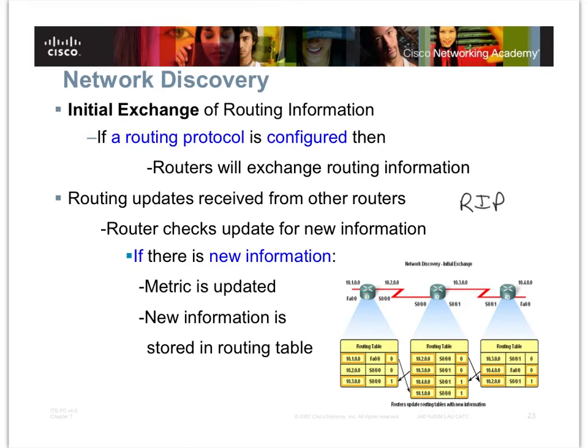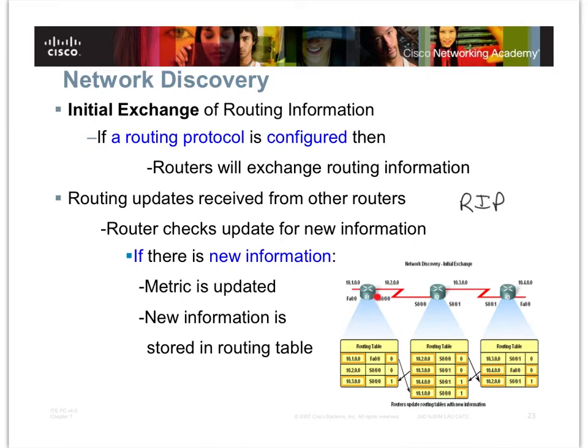And of course router 3 will send information about 10.3.0.0 to router 2, which will ignore it because this entry is already in the routing table. So some of these entries will be ignored, but the routes about this network and this network will be inserted into the routing table of router 2.